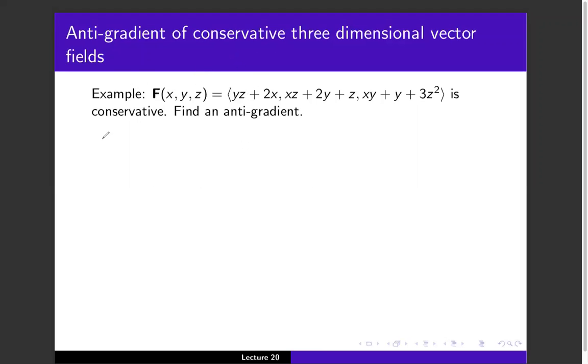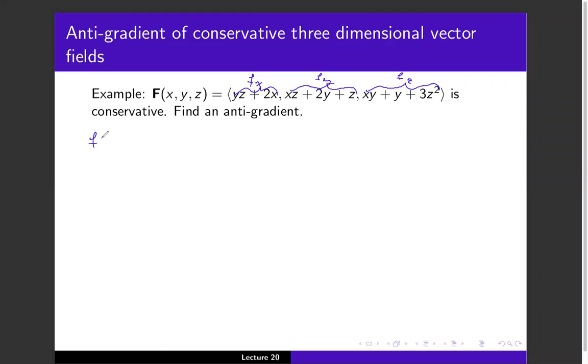Let's find an anti-gradient here. Okay, well, we know that in this case, here's fx. We know we've got an fy. And we know we've got an fz. We're told that this thing is conservative, and we can find out what its anti-gradient is by looking at its partial derivatives.